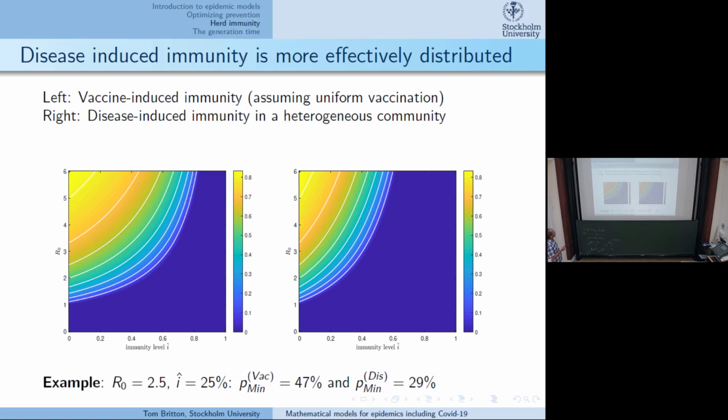So when R0 is 2.5, we follow this line and get to 60%. Whereas if the immunity came from disease spreading in our model, it would look like this, and at 2.5 we go down here. I think it was 41% or something like that. So a fairly big difference.